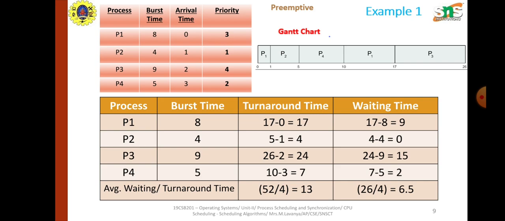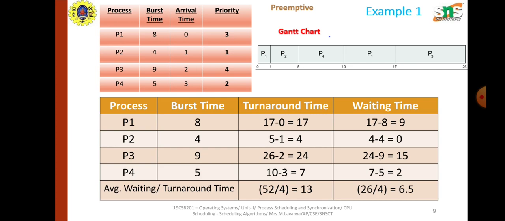For P1, 17 minus 8 equals 9. For P2, 4 minus 4 equals 0 milliseconds. For P3, 24 minus 9 equals 15. For P4, 7 minus 5 equals 2.